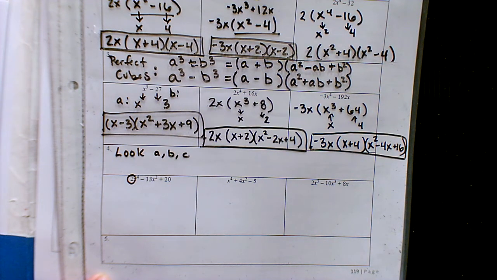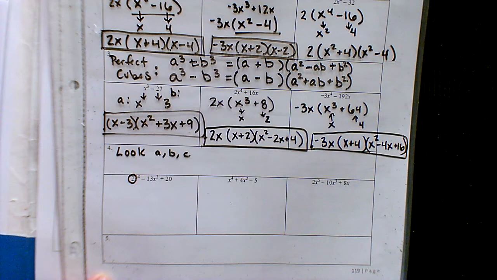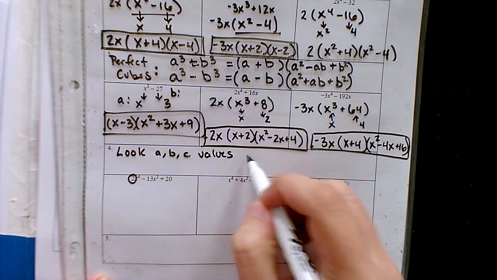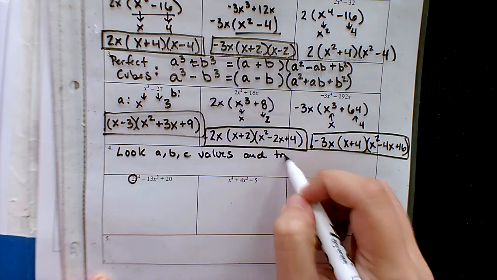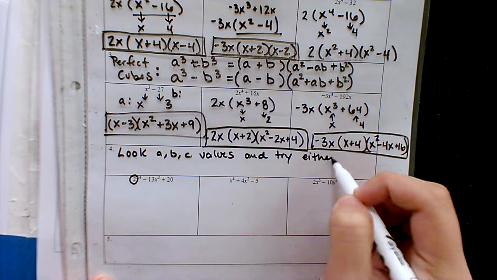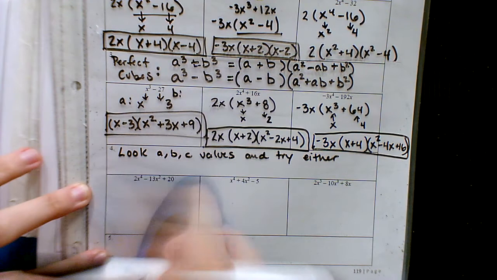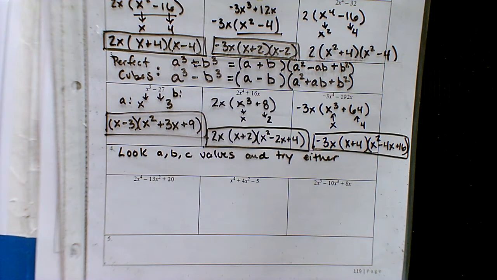Depending on what you're familiar with or comfortable with, you have the option to use a particular technique that you choose. So we're going to look for those A, B, and C values, and we can try one of two techniques. I'm curious if we remember the names of those techniques or the process.